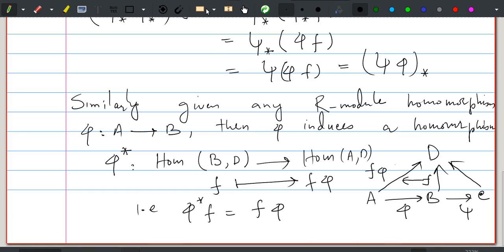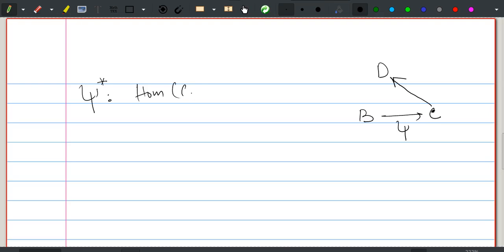And likewise, if we have module D here and a module homomorphism psi from B to C, then this psi induces a homomorphism psi star from Hom(C, D). It carries this map G to G psi.